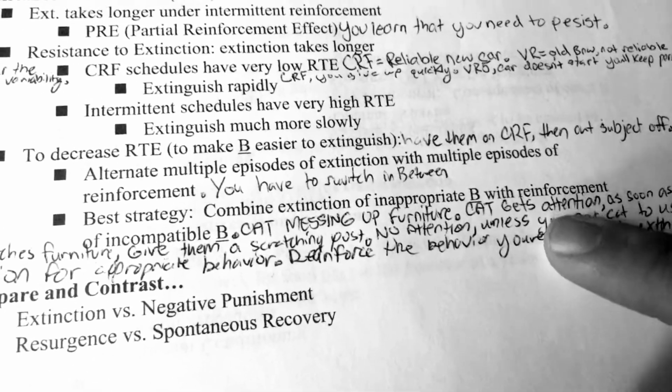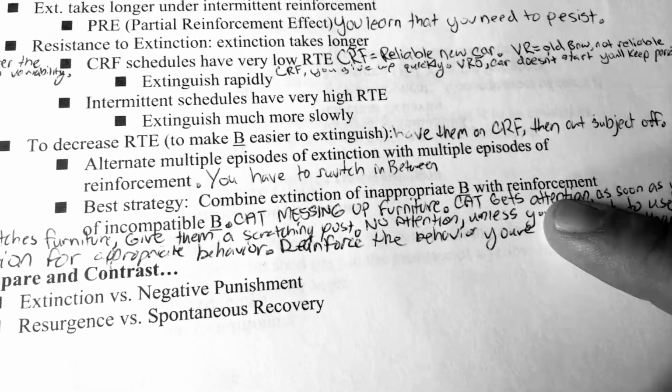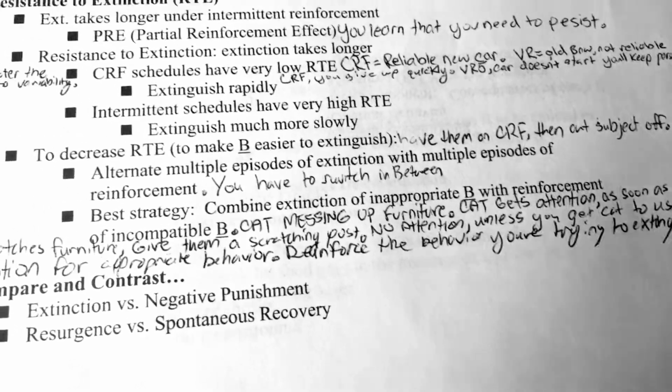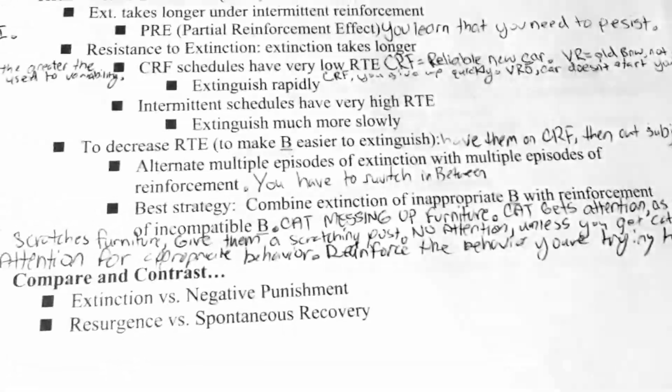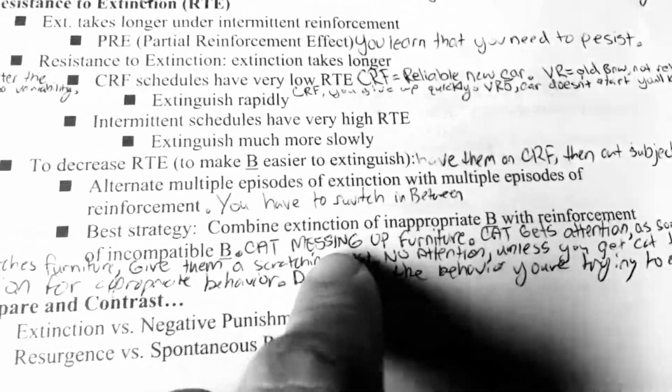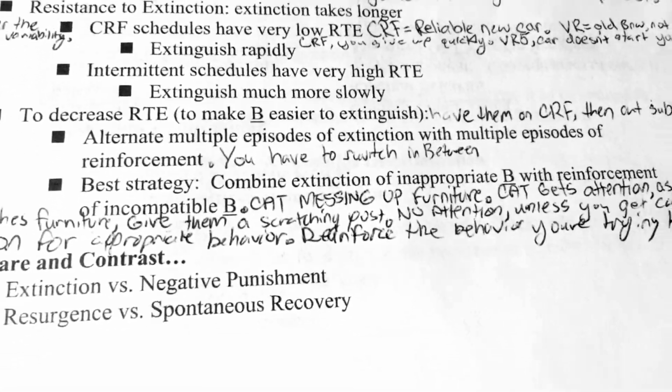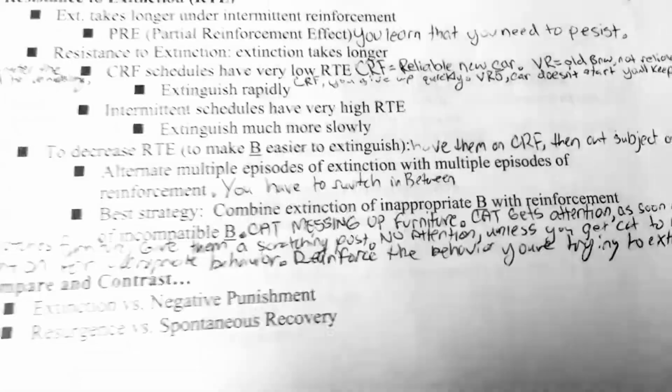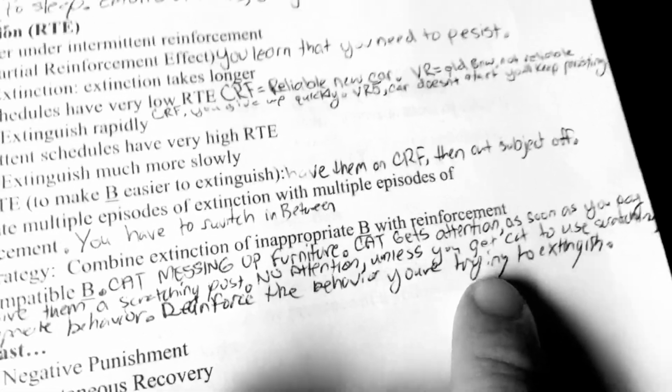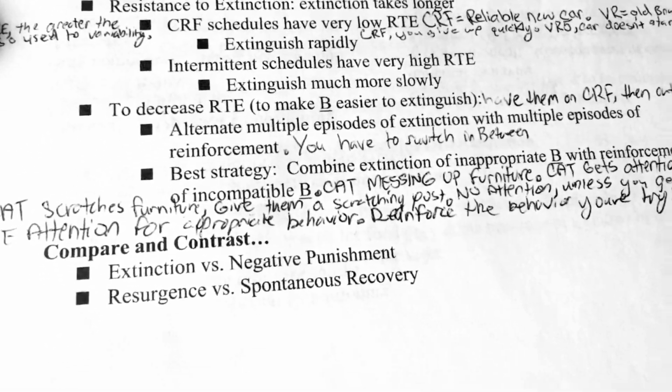Combine extinction of inappropriate behaviors with reinforcement of incompatible behaviors. So let's see how I can explain this. You have a cat which is messing up your couch or your furniture. First, the cat is receiving reinforcement every time you pay attention to it when it destroys your furniture.